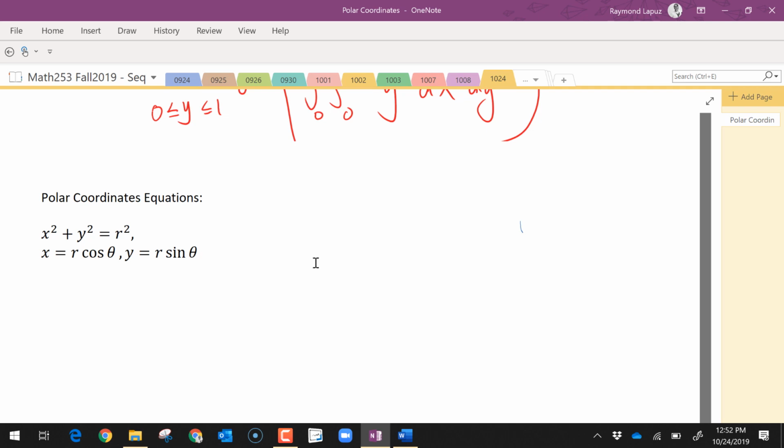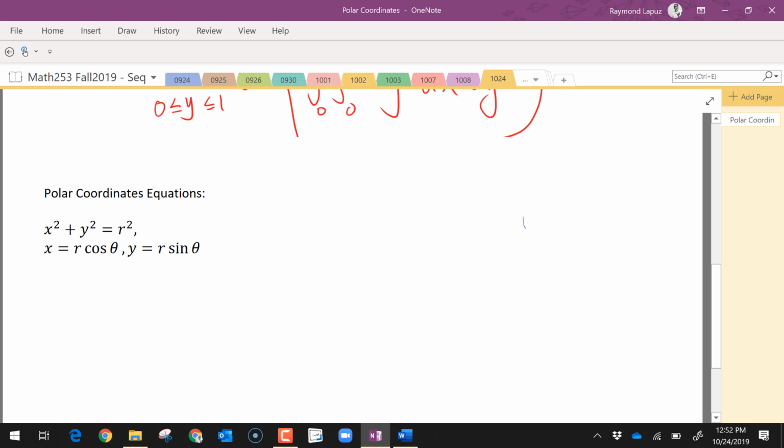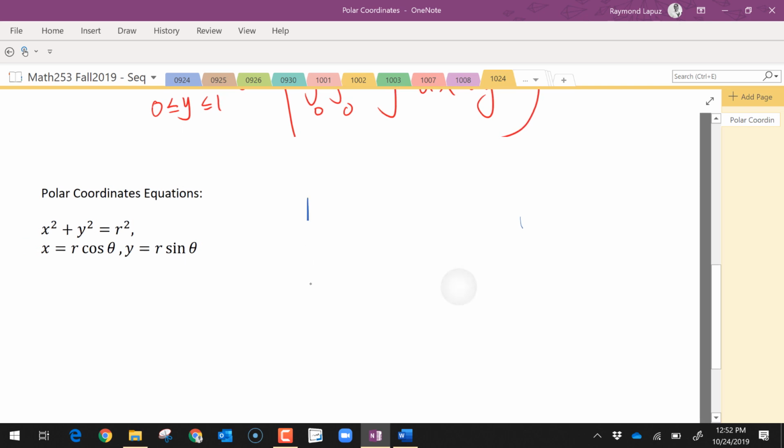In Cartesian coordinates, we're looking at a piece of a circle or something that can be described easily with polar coordinates. And what we want to do is transform that back into r's and thetas.